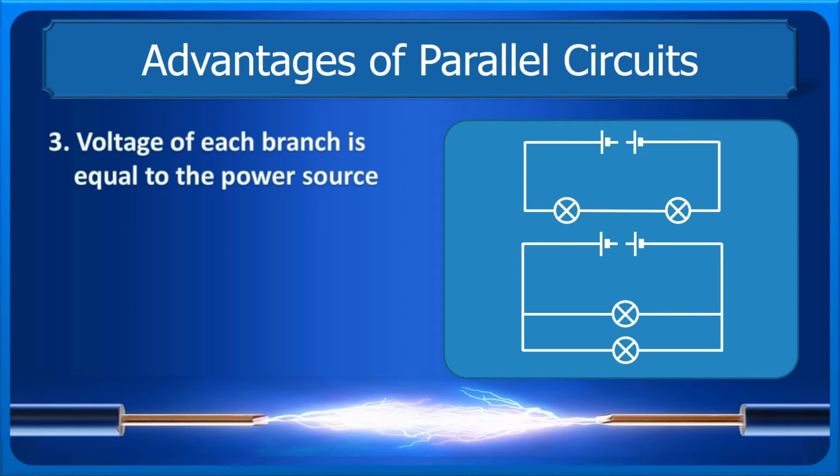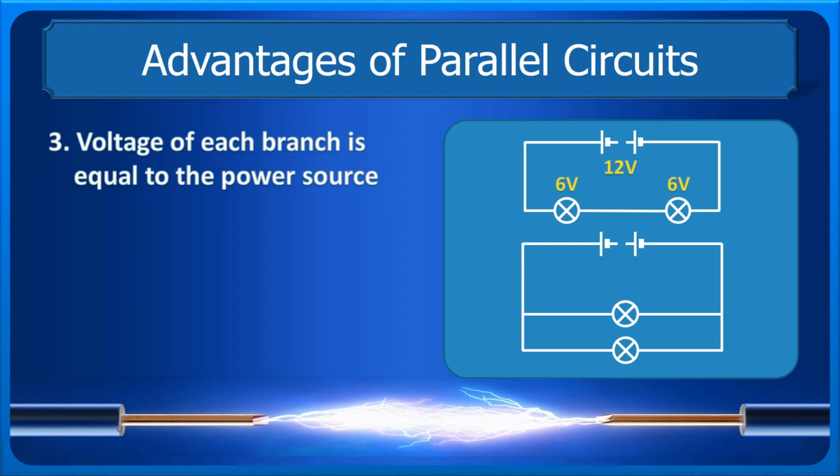In a series circuit, whatever voltage we have for our power source, in this example here we've got a 12 volt power source from maybe a power pack. This voltage is then shared amongst the components of a circuit. So in this example, if the bulbs or the components were equal, they would get 6 volts each.